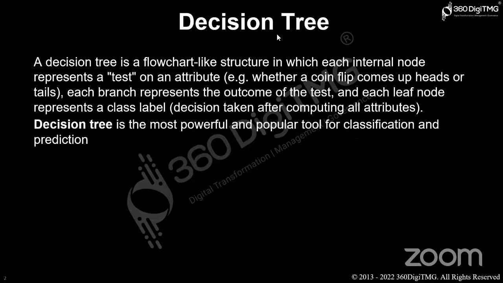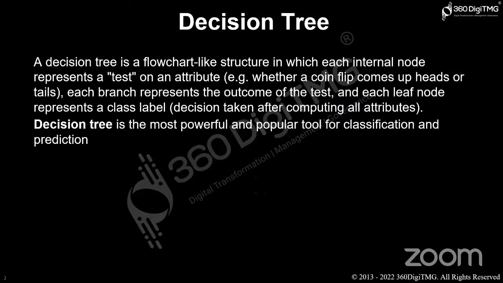When we talk about decision tree, a decision tree is a flowchart-like structure in which each internal node represents a test on an attribute, such as whether a coin flip comes up heads or tails. Each branch represents the outcome of the test.